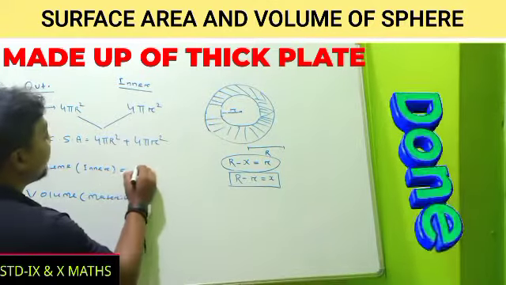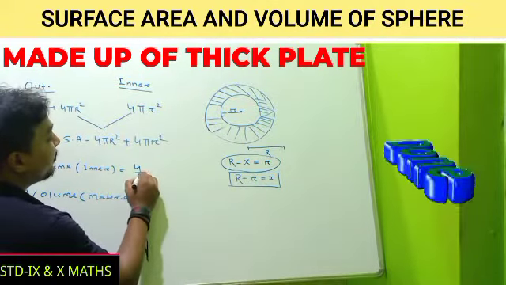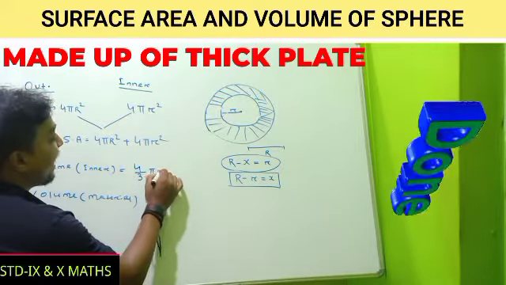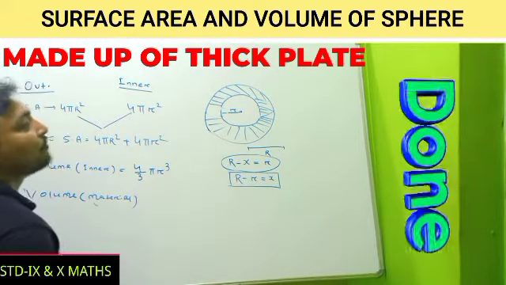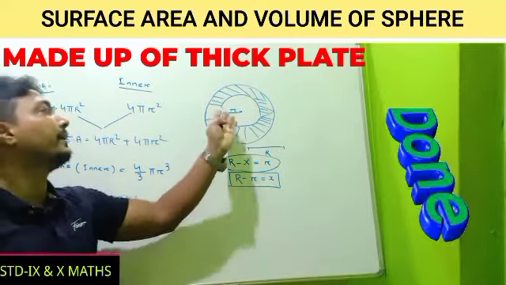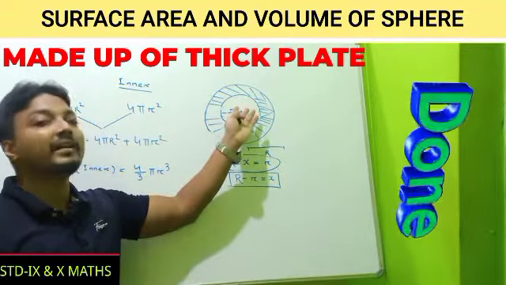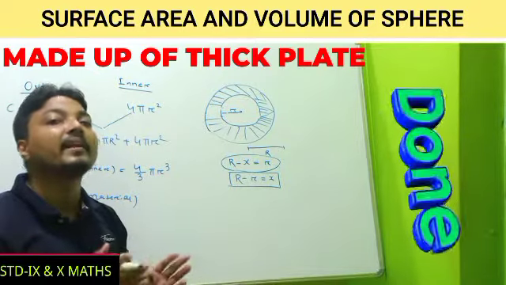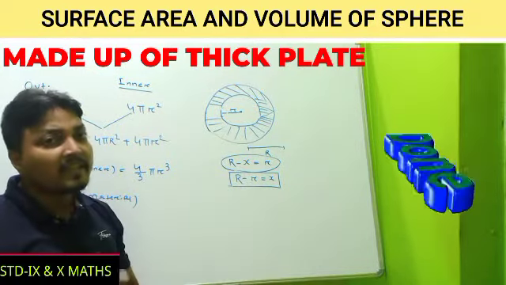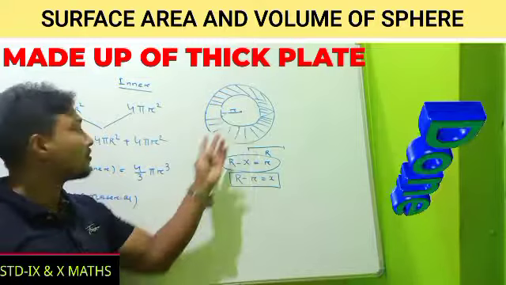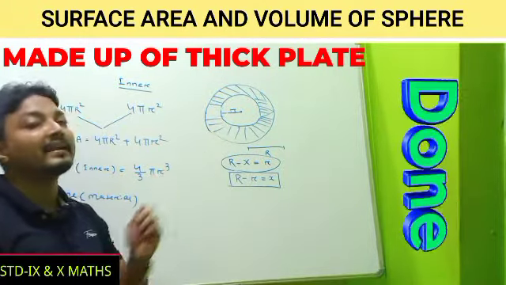So the volume of the inner is 4 by 3 pi small r cube. It means however much water, liquid, or any other substance you want to fill can be filled 100% in the inner region. So inner region means the inner radius is to be used, so 4 by 3 pi r cube.